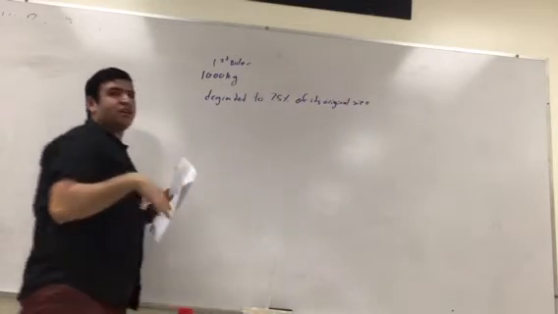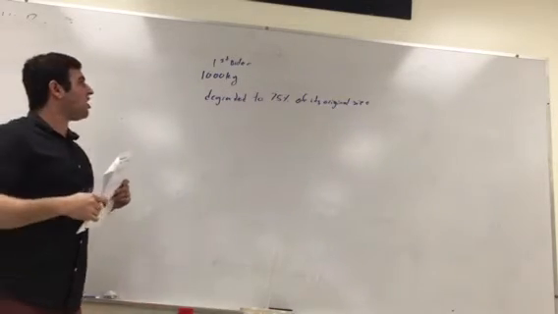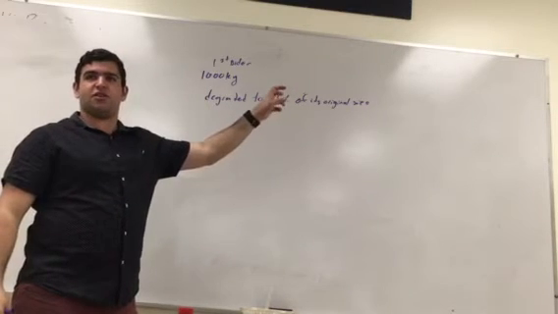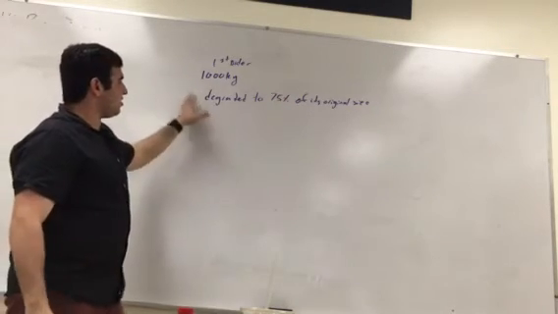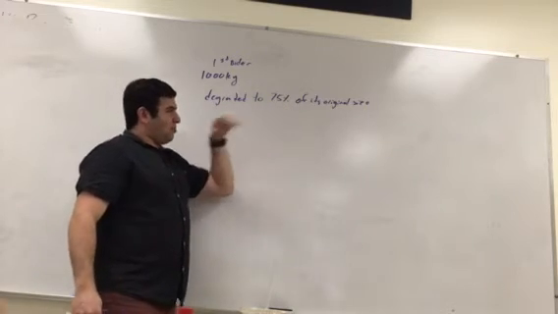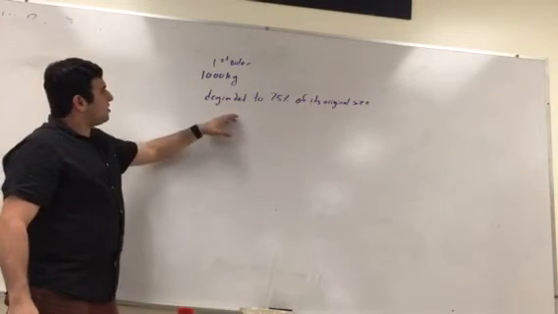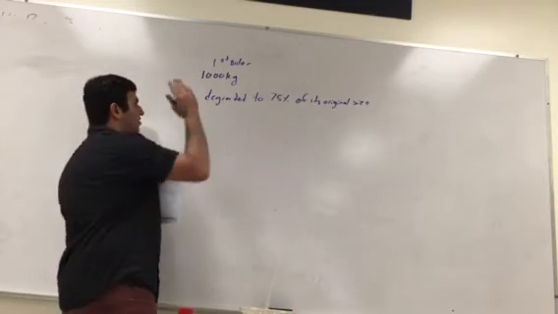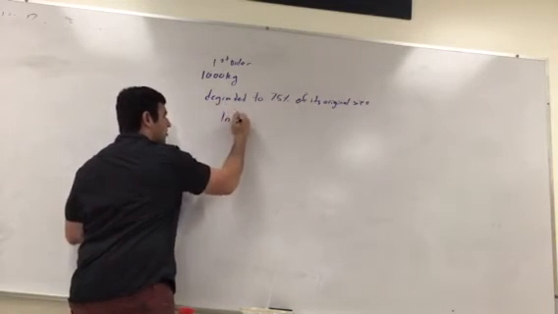So if it was degraded to 75% of its original size, it went from 1,000 to 750 kilograms. Does that make sense? If I start with 1,000 and I'm at 75% of its original size, then it's going to be 750, sorry. Right? So I see first order, I'm going to write these two.